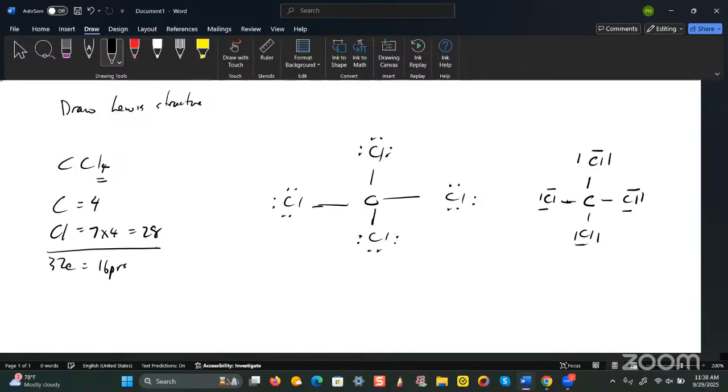Now in this representation, each of these lines here represents a lone pair of electrons or a non-bonding pair of electrons. Here, here, and so on throughout the structure. So these two are the same, all right? So that's basically how that is done.